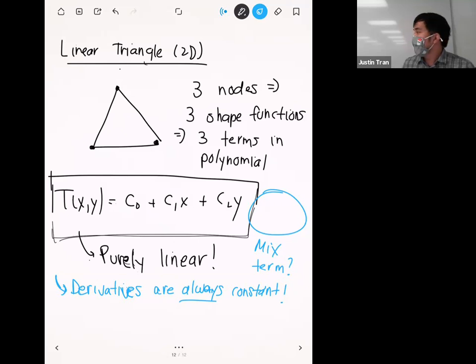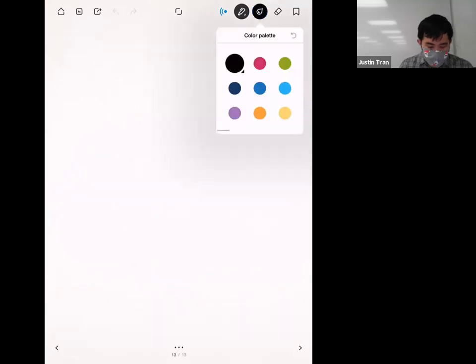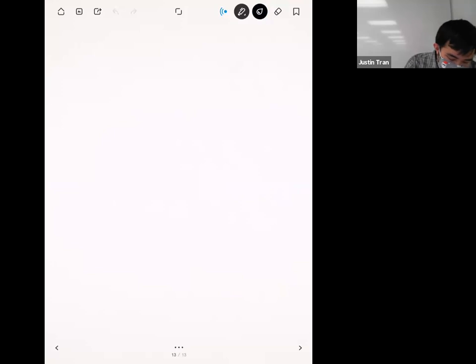Okay, so that's the linear triangle. Our next guest is going to be the quadratic triangle, where again, this is a 2D element.